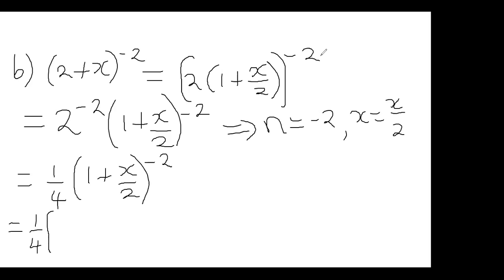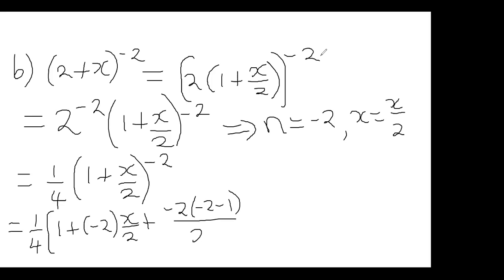So here we are. It's supposed to be 1 plus n. N is -2. X is x/2. Then plus, next, n times (n - 1) over 2 factorial, then (x/2)^2.